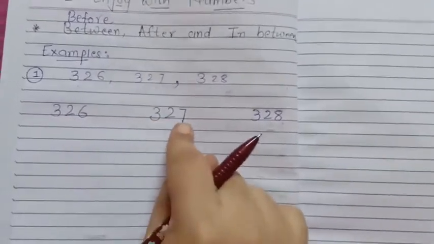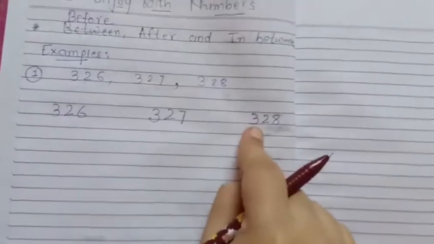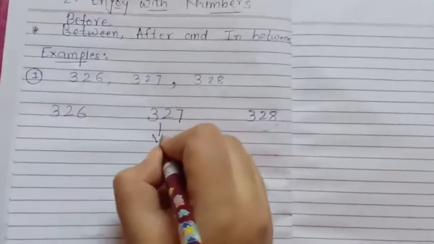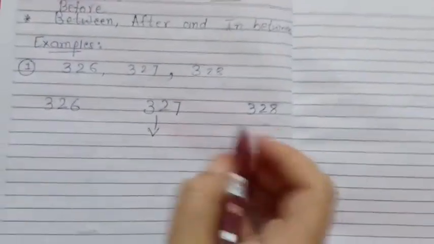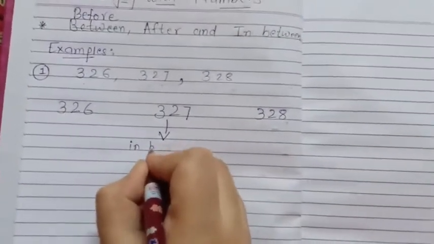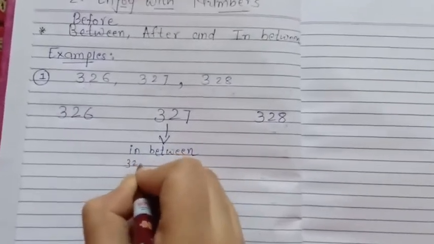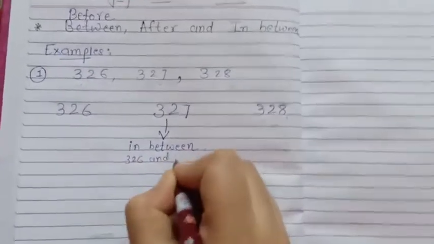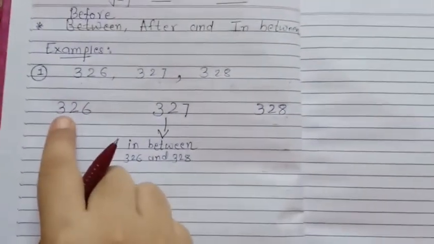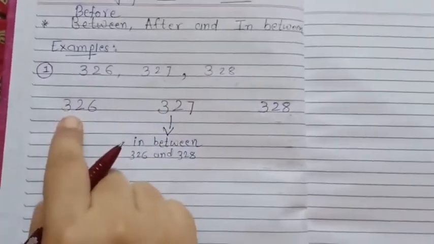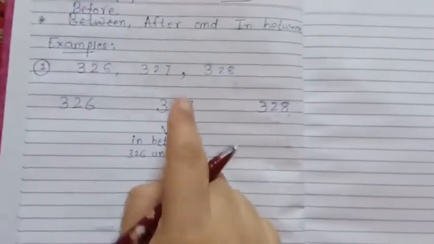मतलब जो 327 है वो 326 और 328 के बीच में है. So you write like this: in between 326 and 328. Now this is the number that is before 327.